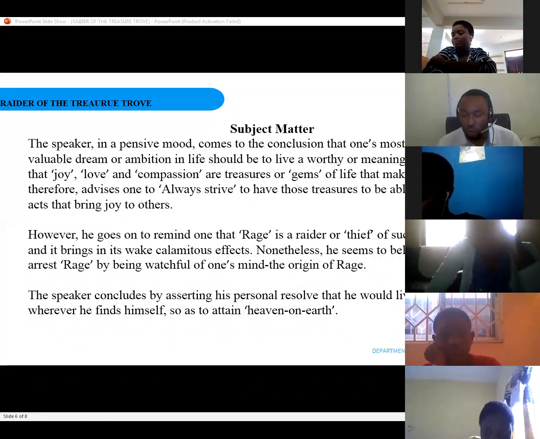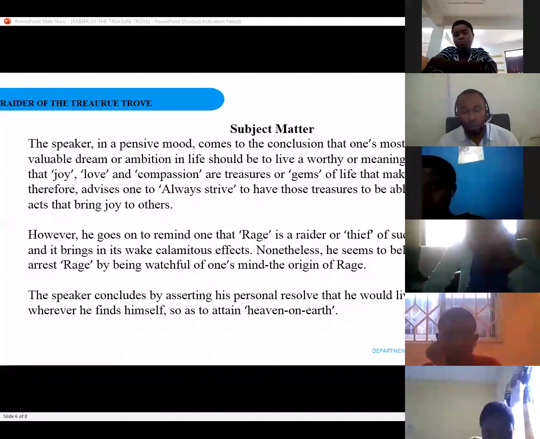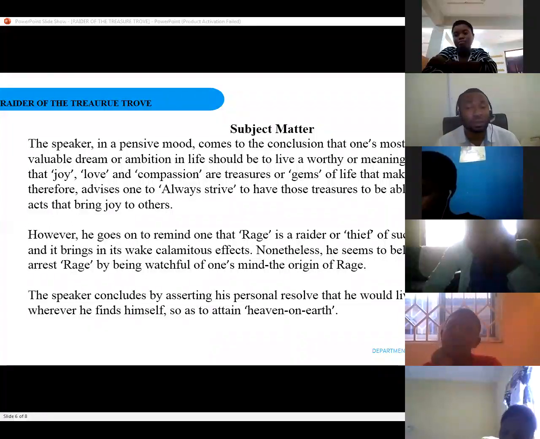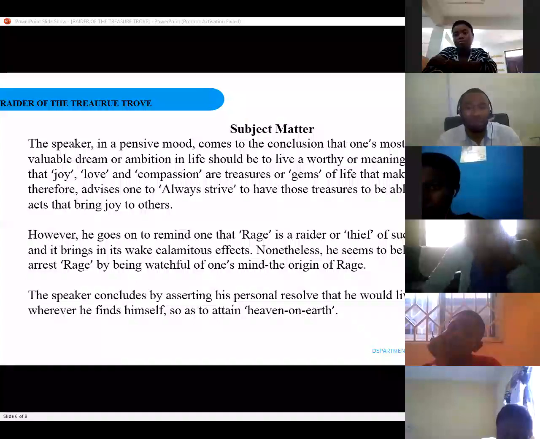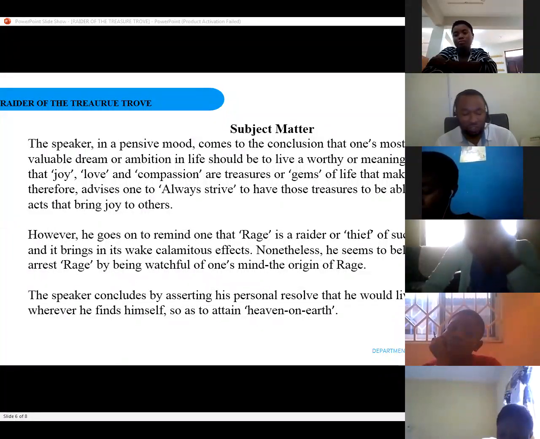Rage, also known as anger or bitterness or whatever, is a raider. Now, when we say a raider, who is a raider? A raider is somebody who steals, a robber, a thief, somebody who can loot. So it says rage is a raider.